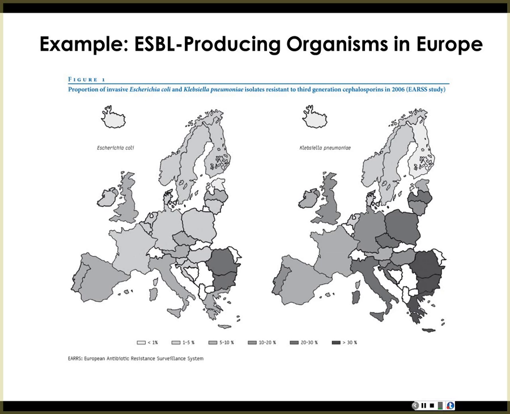But just to illustrate how this is a growing problem, these are two maps of Europe. This is actually from 2006, so this is 8 years ago. The problem is no doubt getting worse. Over here is a map for E. coli, and this is for Klebsiella pneumoniae.